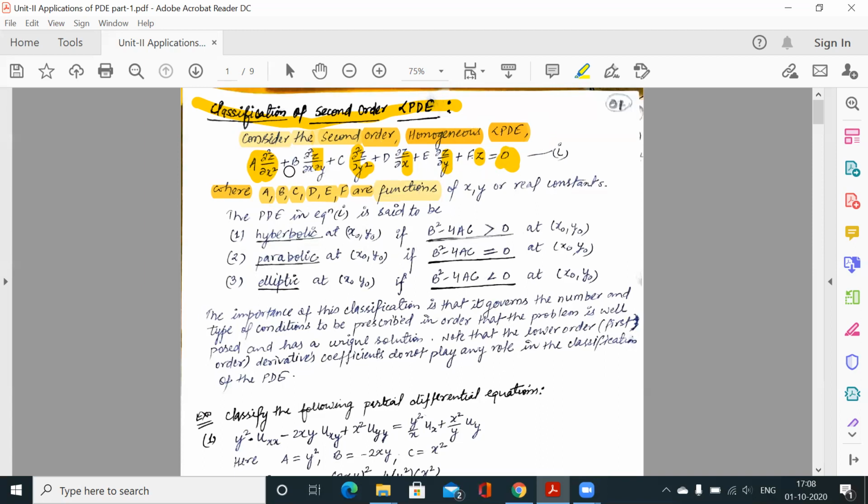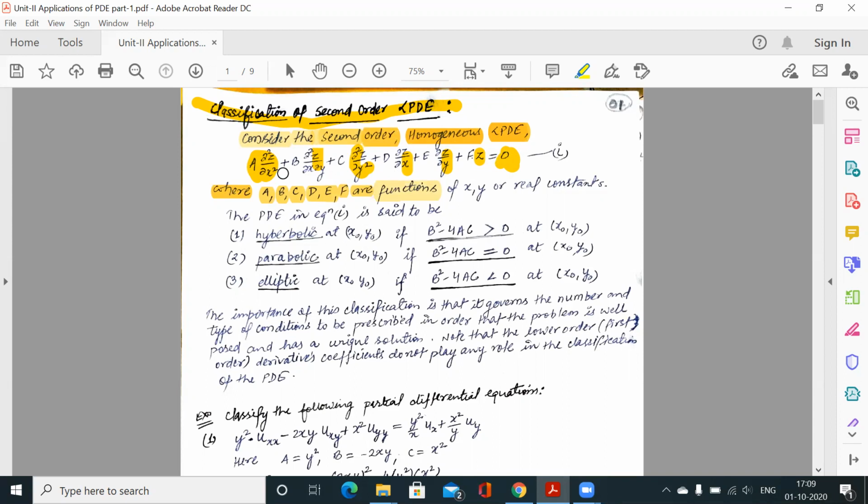Why linear? Because the derivative terms and the z term are separate, and there is no multiplication of these derivatives or z. So these are separate terms: del 2 z over del x square, del 2 z over del x del y, del 2 z over del y square, del z over del x, del z over del y, z, equal to 0 or non-zero. The 0 does not matter to us.